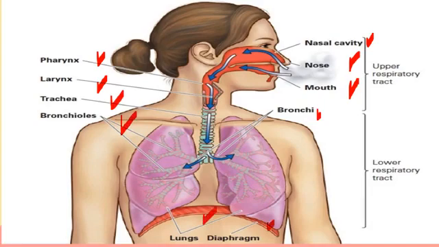The air first passes through the nose and goes to the pharynx, larynx, trachea, and then the bronchi, to the lungs, to the bronchioles, the smaller tubes inside our lungs, and at the end of the bronchioles is a cluster of sacs called the alveoli, where the gas exchange happens.